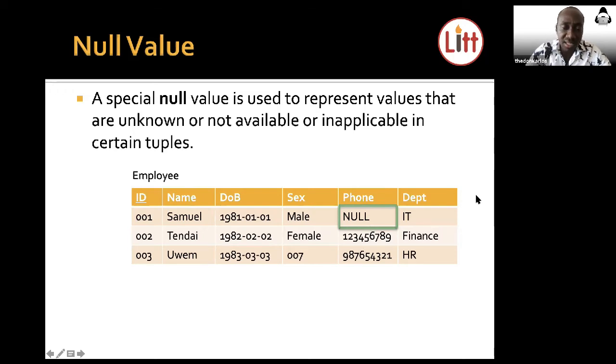When you put fax here and you realize that most of the employees do not have a fax number, so they're not going to provide any value for fax number, then it's better to remove the fax number because it might not necessarily apply to the entity that you are designing the data set for. This is very much talked about when you are normalizing your data. As part of the first normal form, this is one of the things that ought to be implemented for your data to be of good quality.